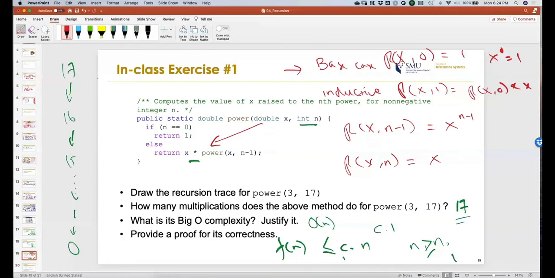And since we believe that this is going to give us x^(n-1), this is a 1, right? So 1 plus n-1. So then this is going to be x to the power of n. So if x^(n-1) gives us x to the power of n-1, then calling it at the following step, which is n, is going to give us x^n. And since you have the base case correct, by induction, this is correct.